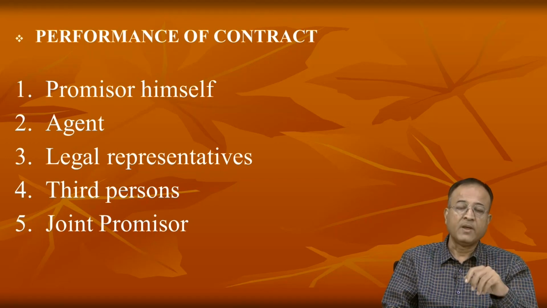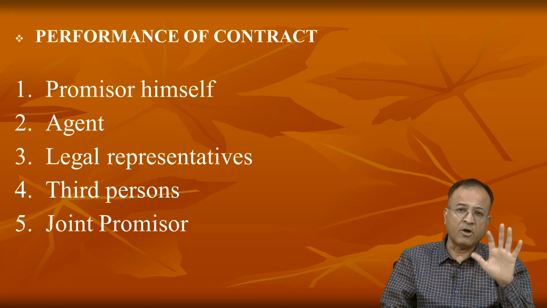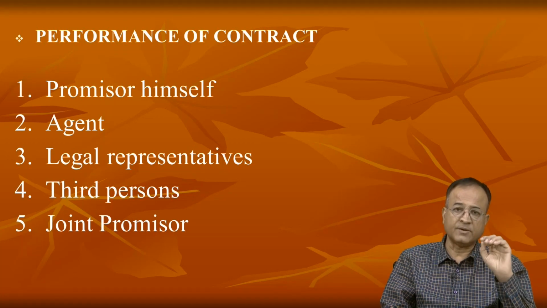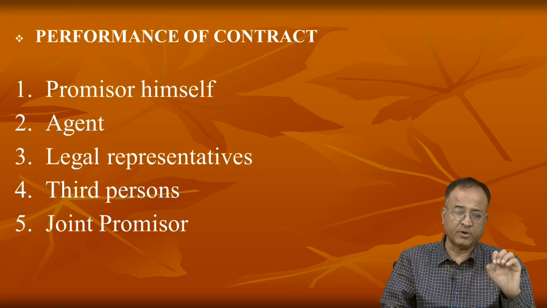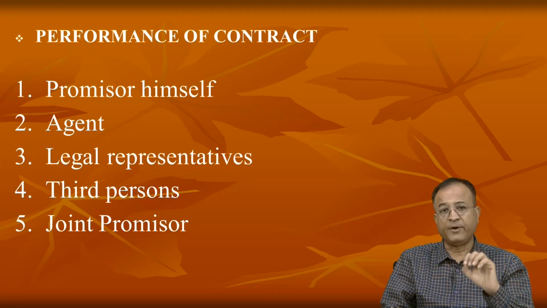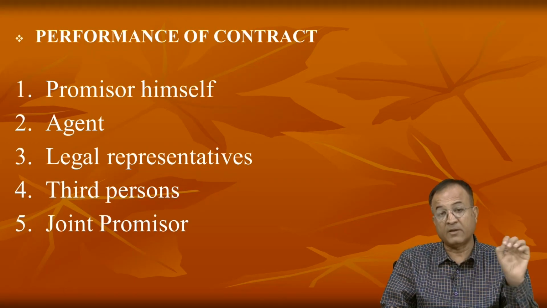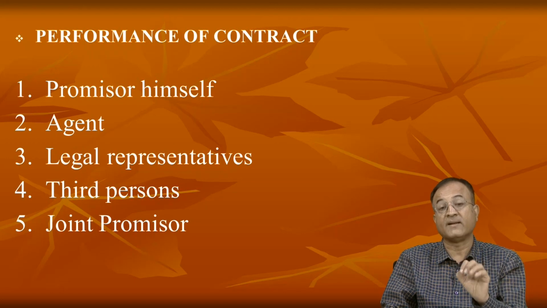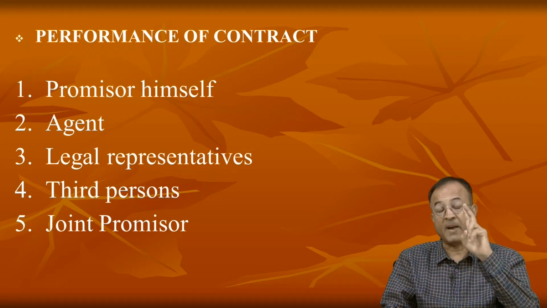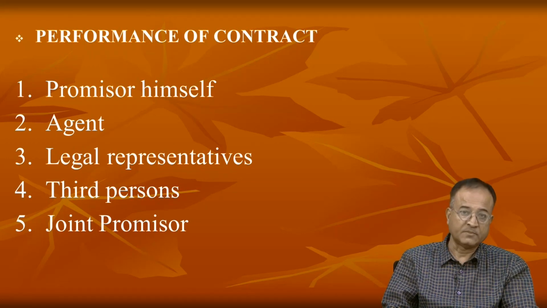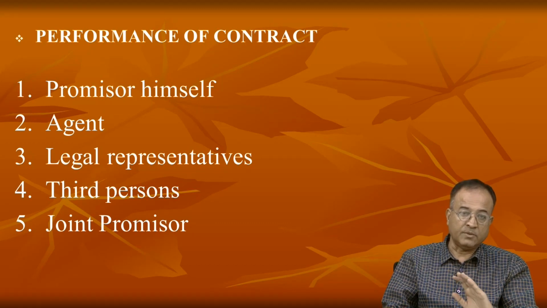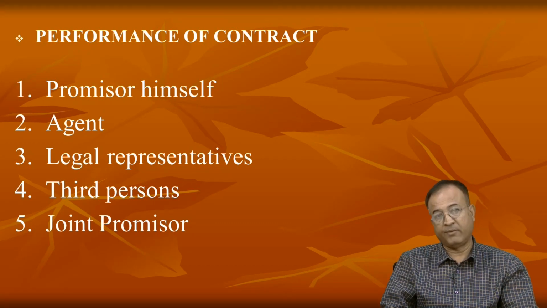C. If any one of the joint promisors makes default in the contribution, the remaining joint promisors must bear the loss in equal shares, Section 43 para 3. So, these are the performance of contract.